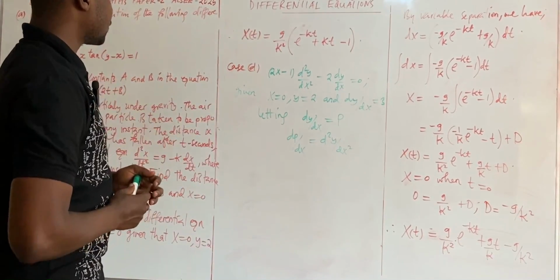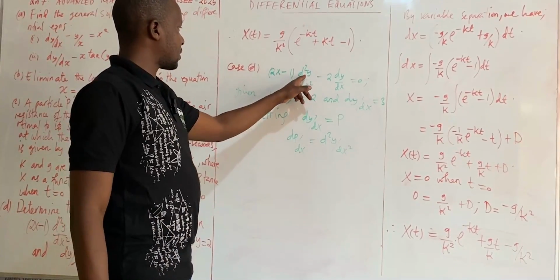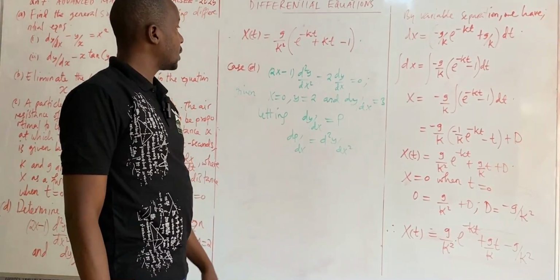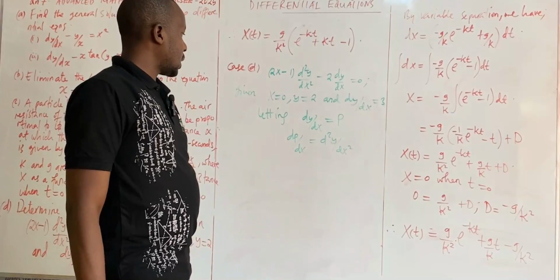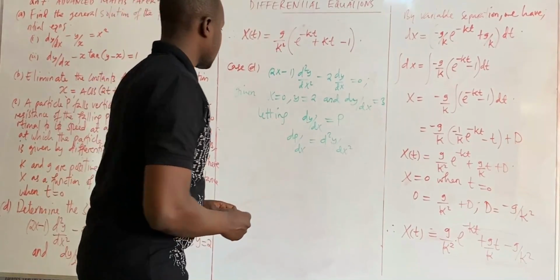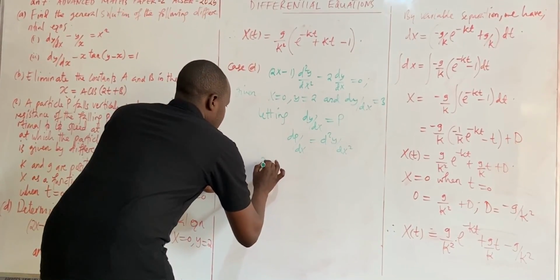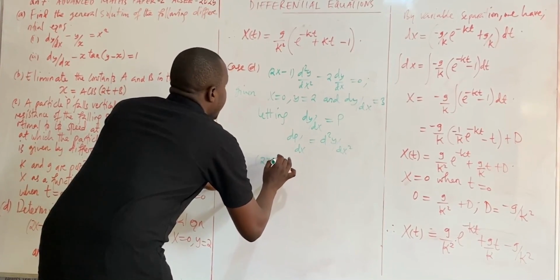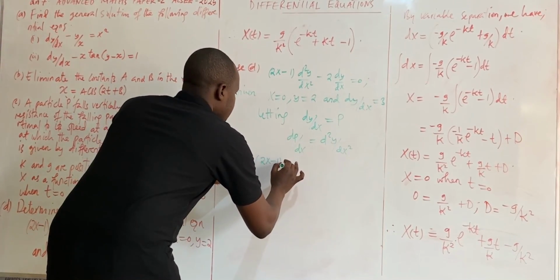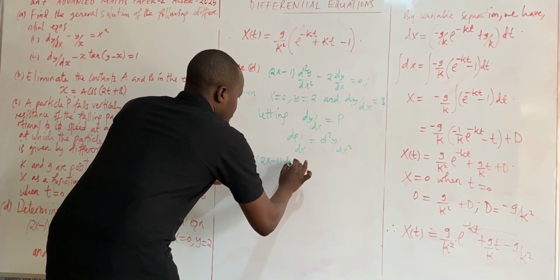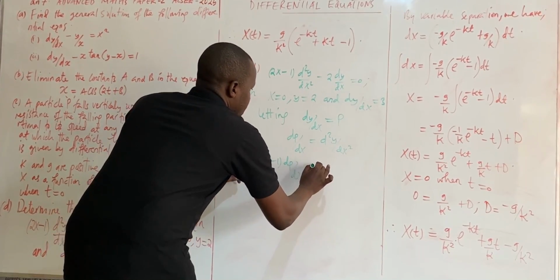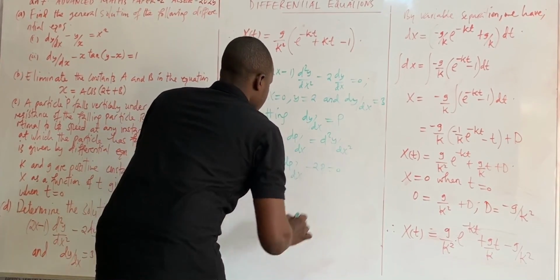So up to that point, we are going to replace this second derivative by dp dx, and that dy dx by p. So you'll have 2x minus 1 dp dx minus 2 p equals to 0.